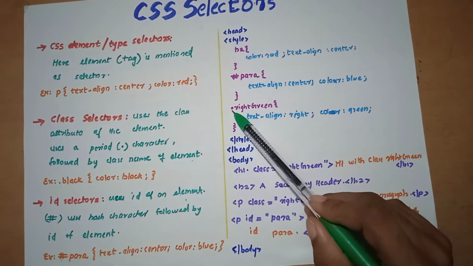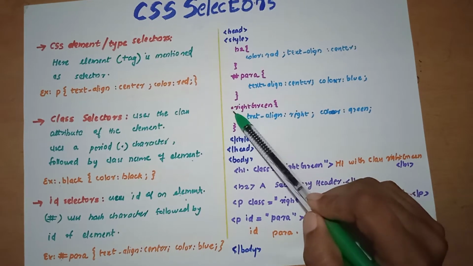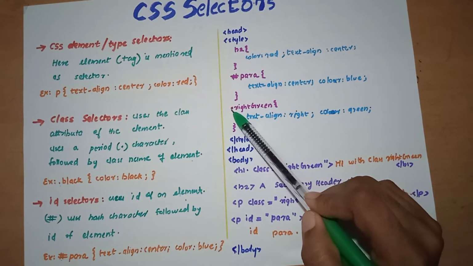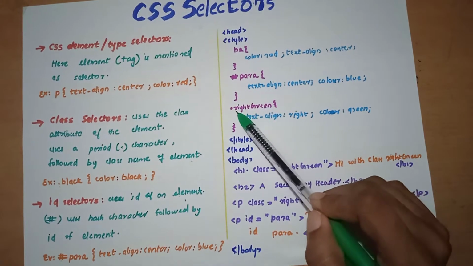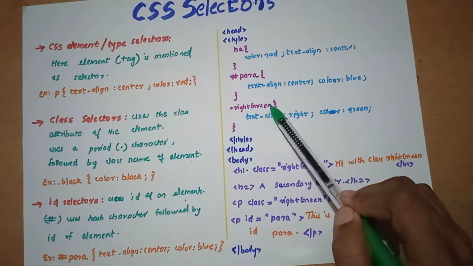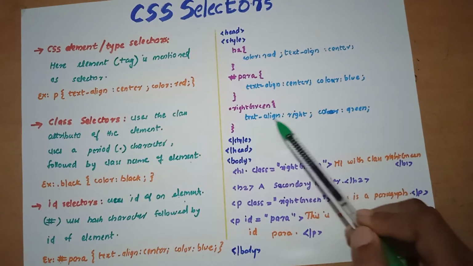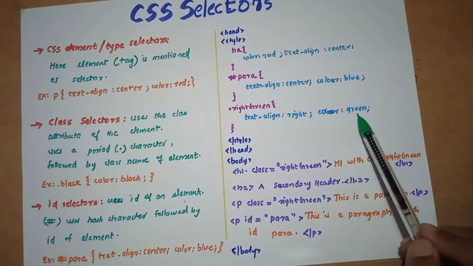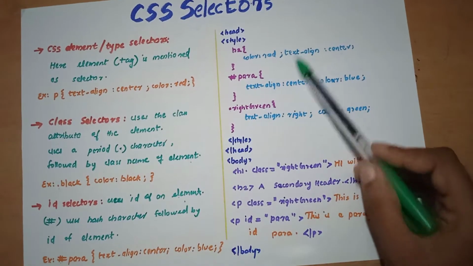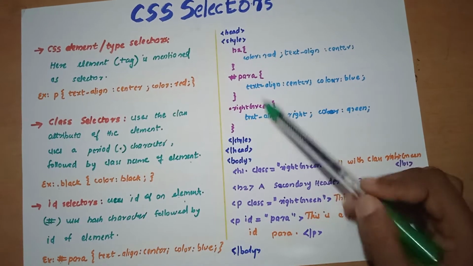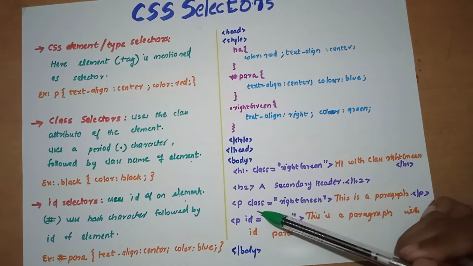And the next one, as you can see, is a dot, so this defines a class selector, with the class name green. Inside that I have mentioned text-align right and color green. So these are my styling attributes to be applied to my page.